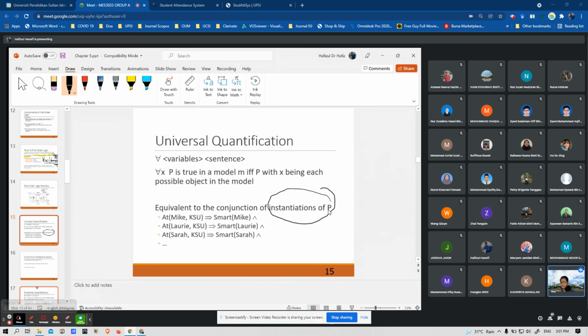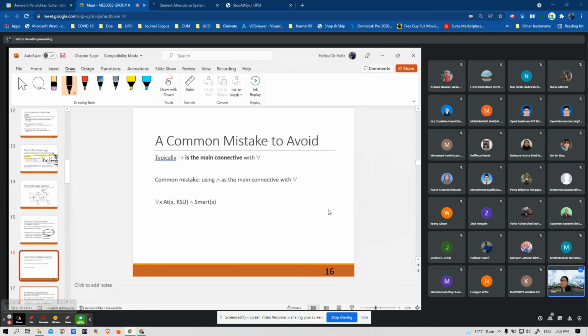For example, Mike is a KSU student implies Mike is smart, and so on. We use the instantiation of the objects, so you need to clarify the object. It is a common mistake to be avoided.